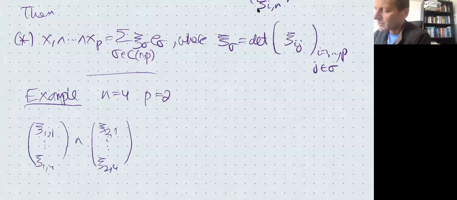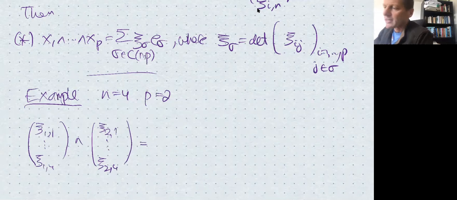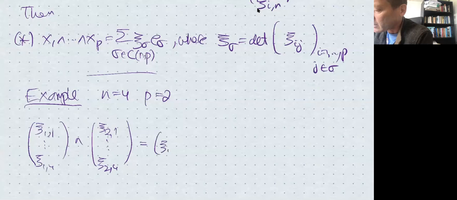First of all, in what dimensional space does this live? This is a 4-choose-2-dimensional space, so it's going to live in a 6-dimensional space. I'll just write down the first few terms and you'll understand.